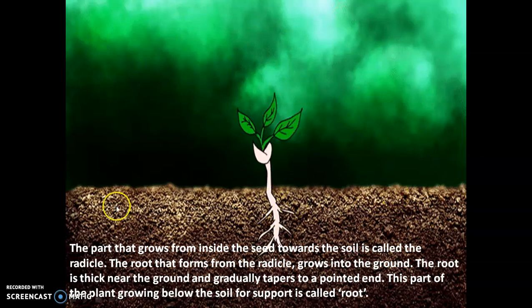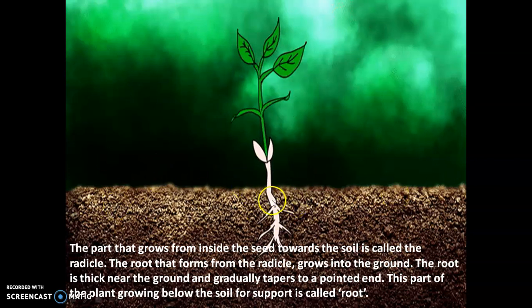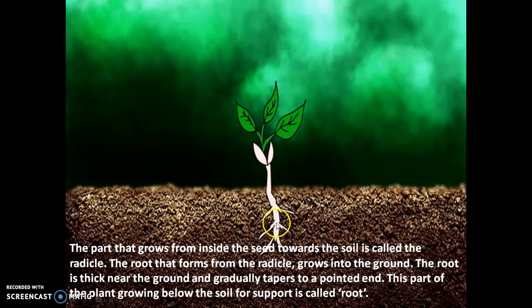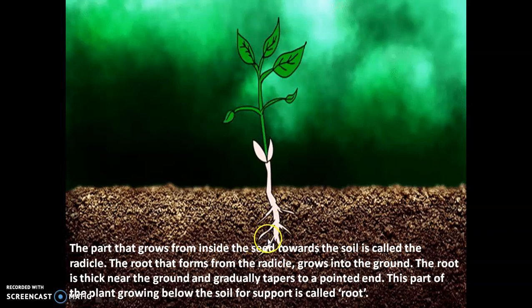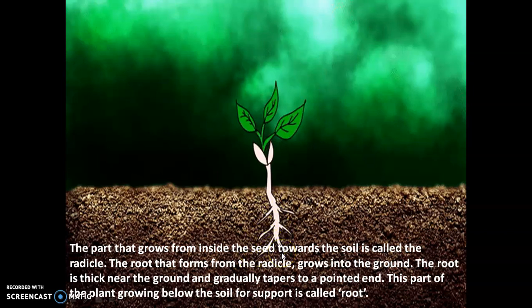Now this is the soil. This is near the ground. You can see that the root is thick, and as it goes towards the soil, it tapers. Tapers means becoming pointed, like needle-like. So you see here the structure of the root. Here it is thick. Here it is thin. This part of the plant growing below the soil for support is called root.